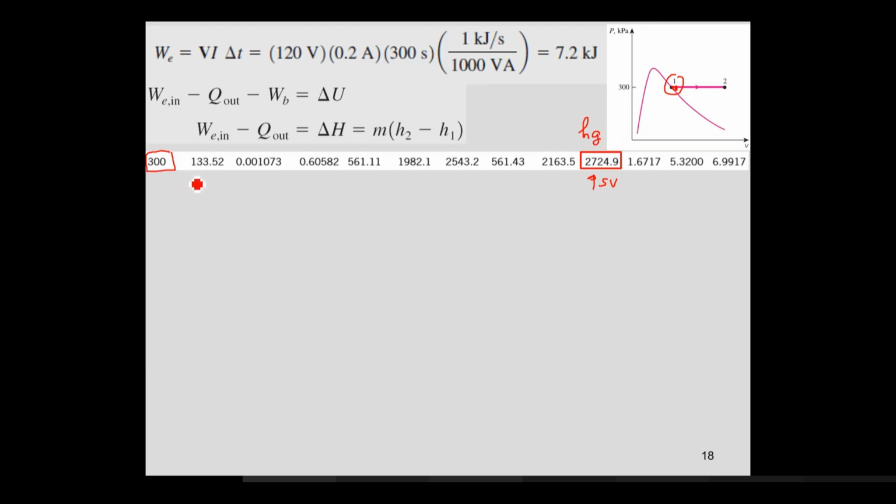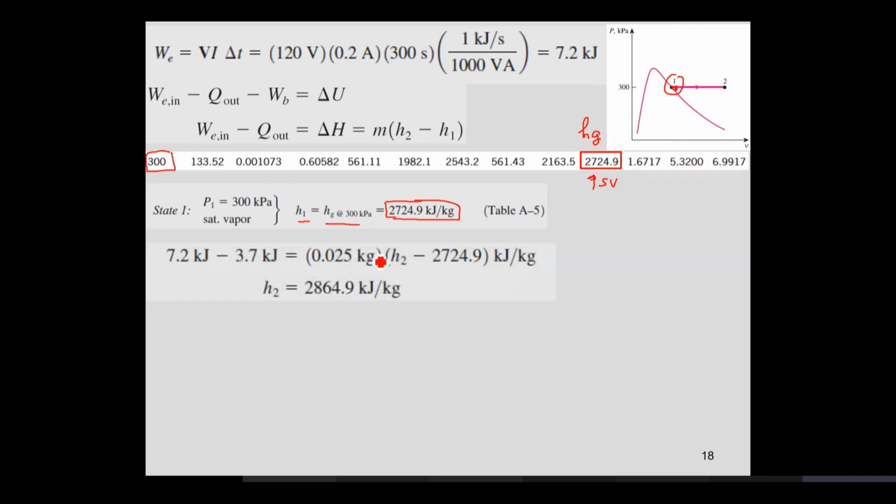Clear enough? All right. Moving on, if I plug in all the values, state 1, again H1 is Hg at 300 kilopascal, which is 2724.9 kilojoules per kg. If I plug in this value into my equation, the only thing unknown to me was H2. Now I have found out H2.